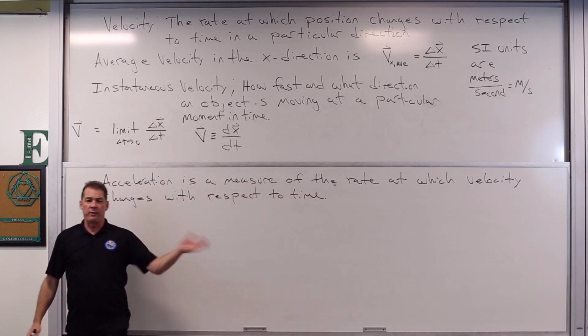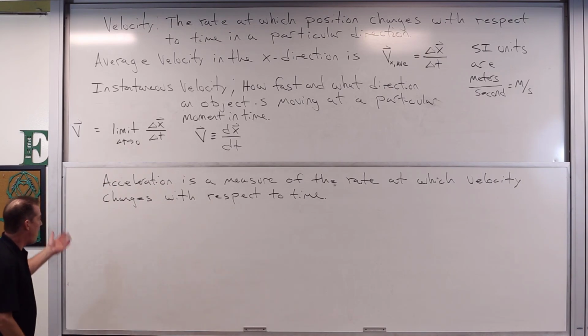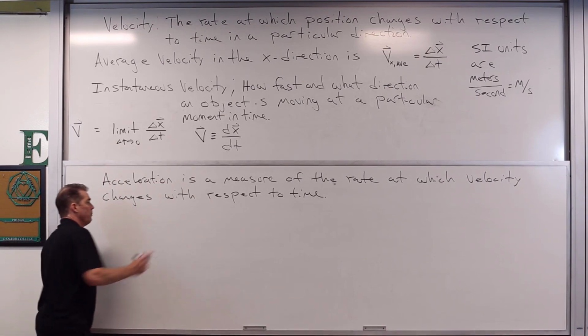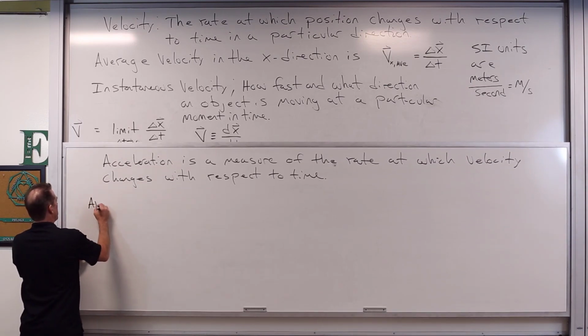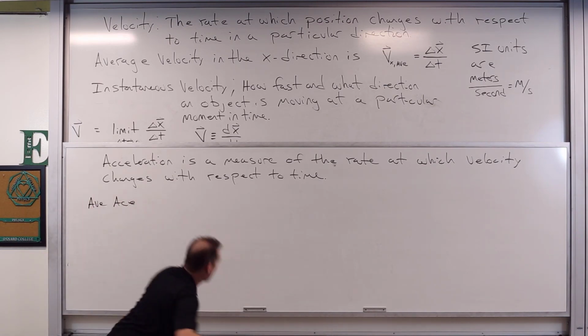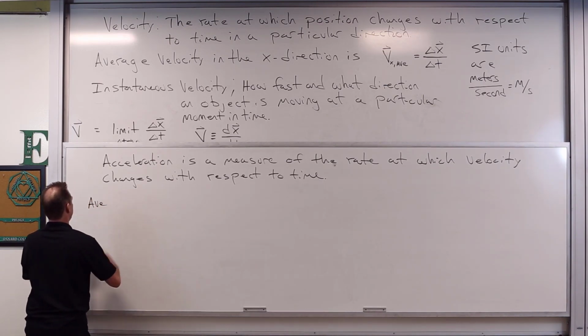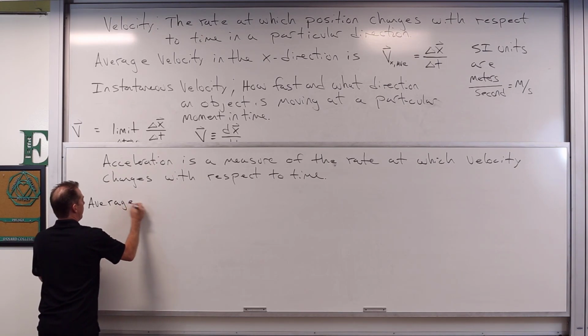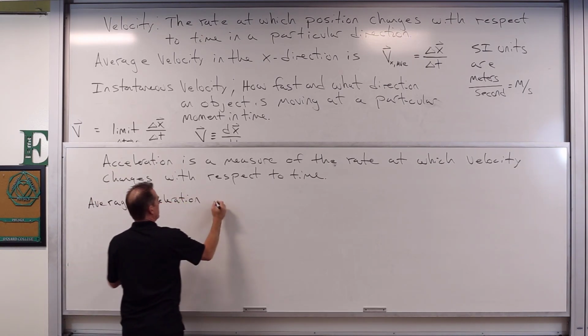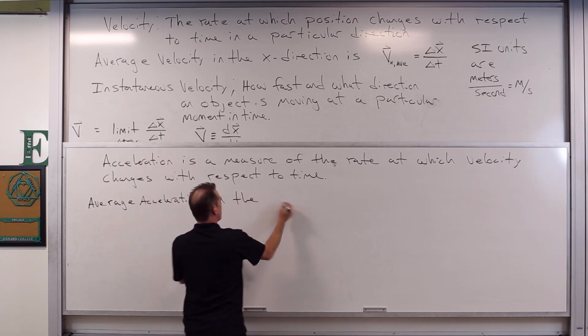And again, just like velocity, we could define average acceleration and instantaneous acceleration. So let's take a look at this. Let me just write the word average here. And let's stick with the x direction.